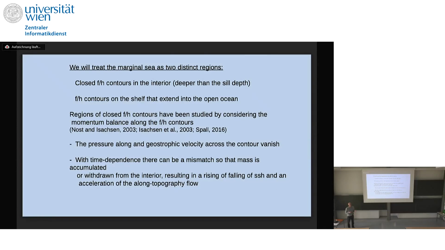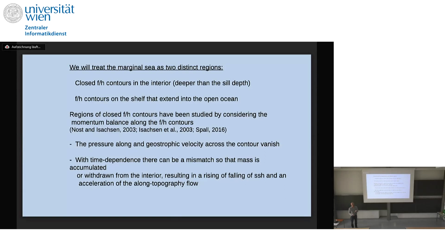Now, if we allow some time dependence, you can imagine you change the winds, it takes the current a little while to adjust to that change in wind forcing. So it takes the bottom Ekman layer a little while to adjust. The surface Ekman layer adjusts right away to the winds. So you can imagine there's a mismatch between the surface Ekman layer and the bottom Ekman layer, where we expect them to balance in equilibrium.